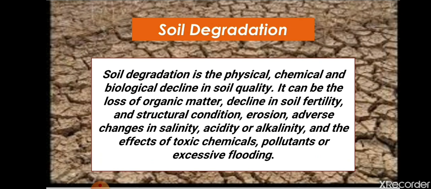Like we have learned in land degradation, how industries dump their waste in the soil, so that chemicals mix into the soil and reduce its fertility, and the effect of toxic chemicals, pollutants or excessive flood will also erode the soil. So overall, degradation means there is a reduction in the quality of the soil, or we can say that erosion of the soil takes place.